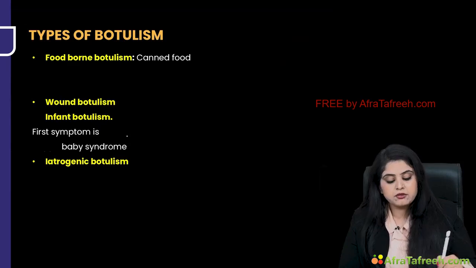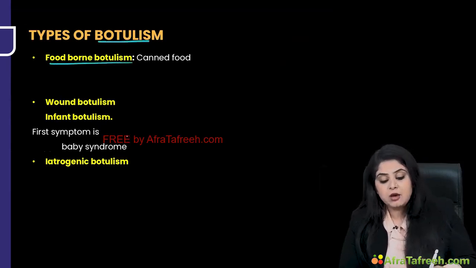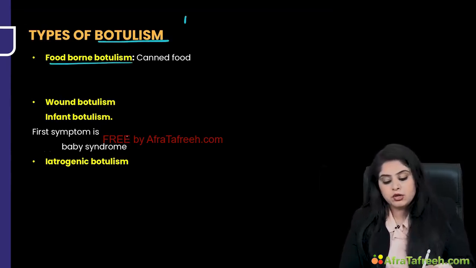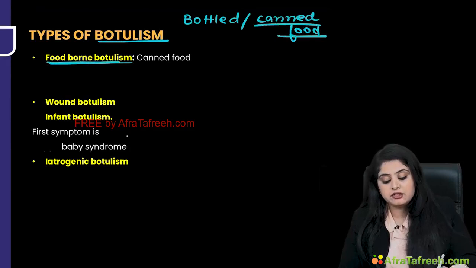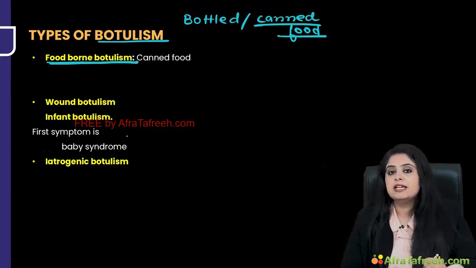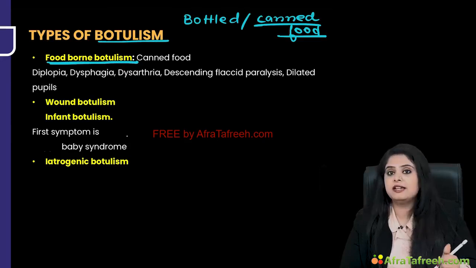What are the different types of Clostridium botulinum that you have? The food borne. In fact, that is how I've always learned botulism. Botulism is bottled and canned food. Botulinum is bottled and canned food. So if you ever consume canned food, you're at a risk of food-borne botulism, right? And everything is D. There are a lot of D's happening.